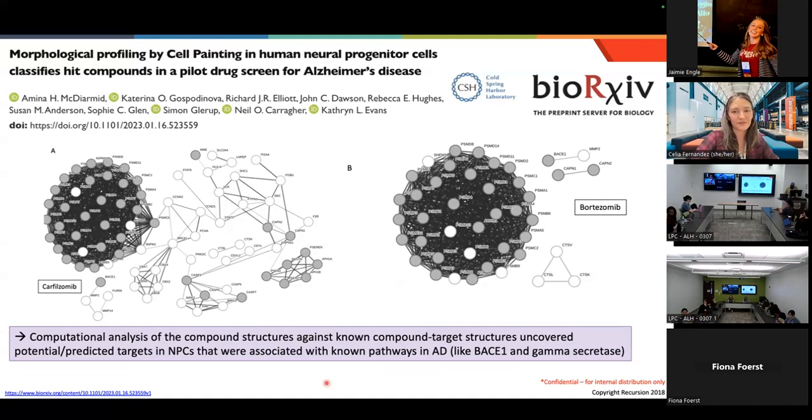Oh yeah, sorry, one more thing. They analyzed the compound structures against known compound target structures in NPCs, and they discovered that these compound structures were hitting potential targets that were known to be involved in AD, like beta and gamma secretase, interestingly.